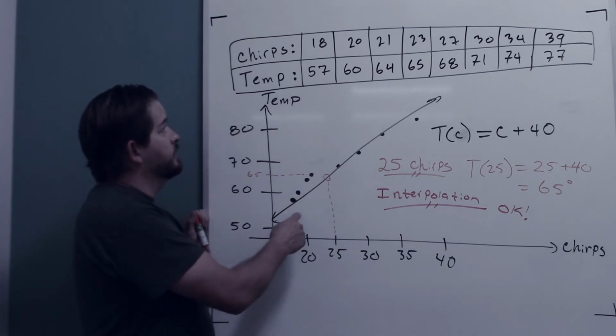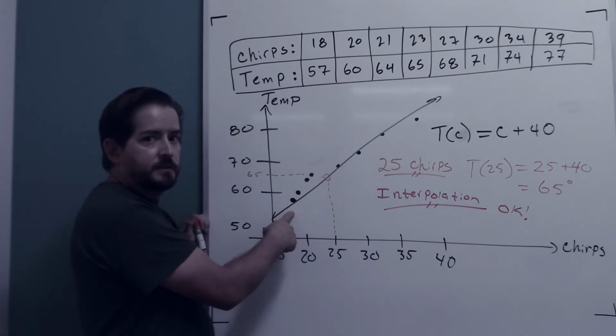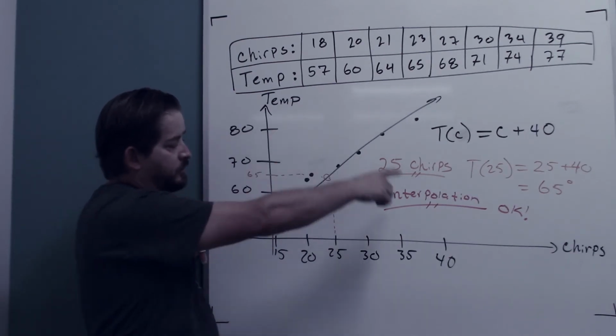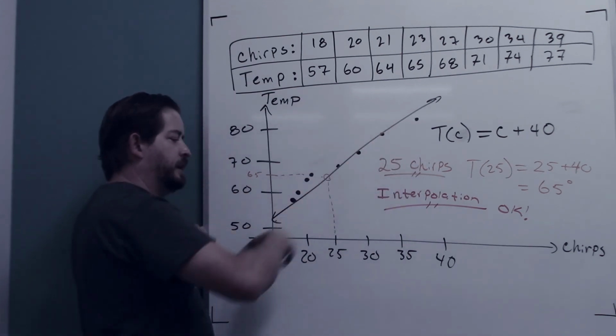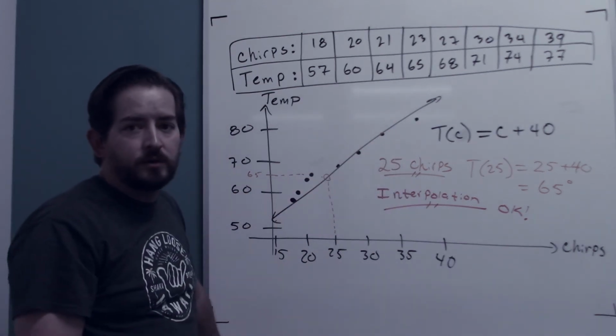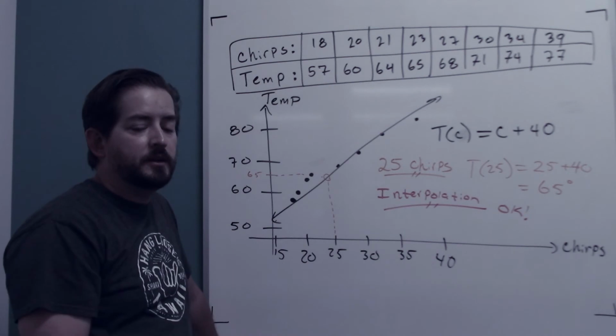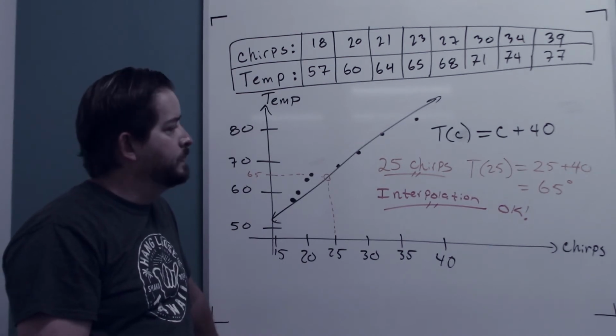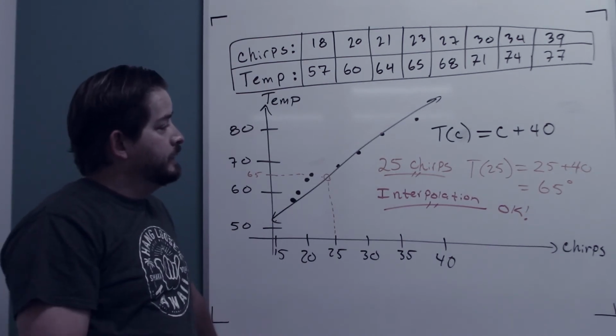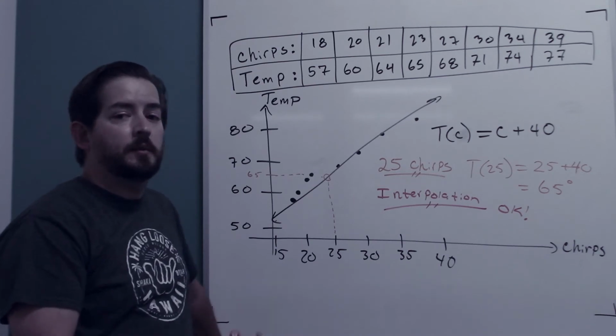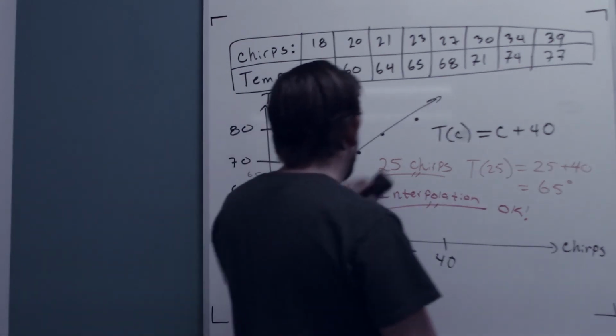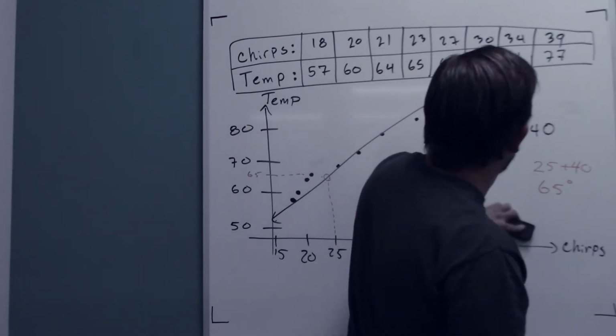My data goes all the way down to 18 chirps, all the way up to 39 chirps, right? So anywhere between 18 and 39, I'm pretty okay to make a guess and say I'm probably going to follow this trend line, right? And that's opposed to extrapolation, which is not particularly okay.